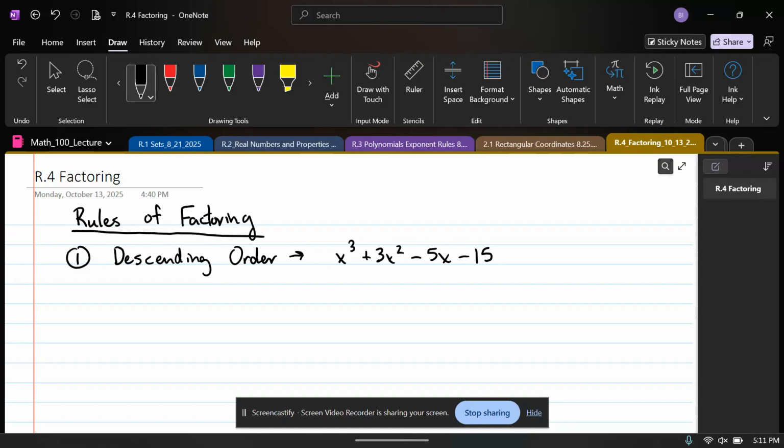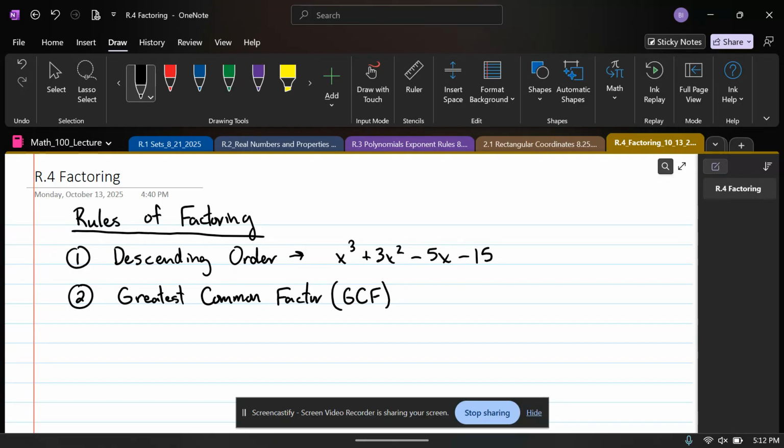Now, once you have it in descending order, the next thing you want to do is look for a greatest common factor. We abbreviate that GCF. That is the first thing you always look for in a problem to factor it, is a GCF.